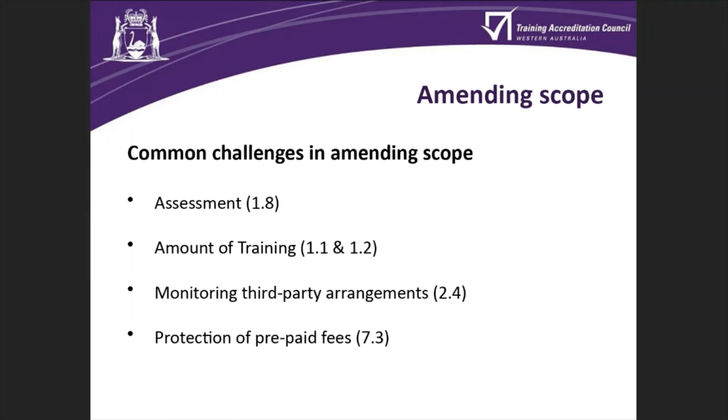And when it comes to monitoring and third-party arrangements, around about 21% of non-compliances that occur with amendment to scope relate to how third-party arrangements are managed and monitored in relation to clause 2.4. And finally, although there's a long list of areas of non-compliance, these are the most severe ones, around about 20% of the time there are problems and non-compliances in relation to how the protection of prepaid fees are managed.